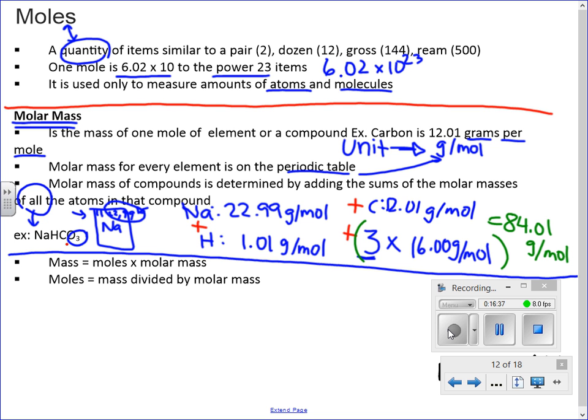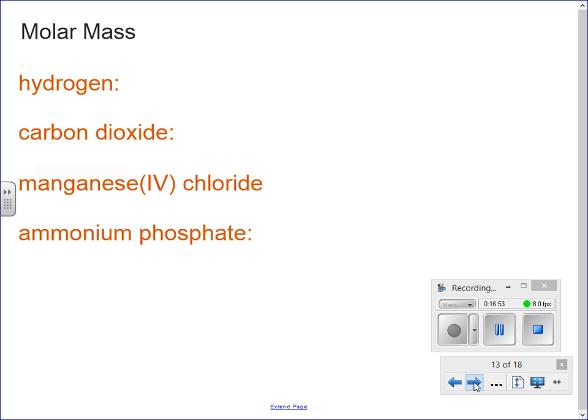Now I realize there's some stuff on the bottom of the screen, but I don't think we're going to get to it today. So what I'd like to do is just a few examples of figuring out the molar mass of a compound, because that's something that you would regularly have to do. So on the screen here, I would like for you to find the molar mass of the compounds or substances that you see here.